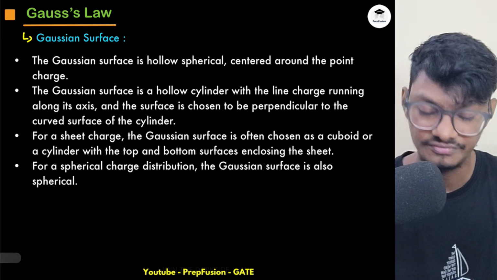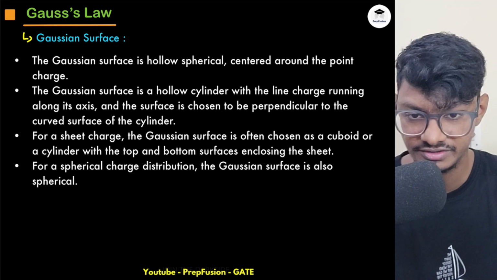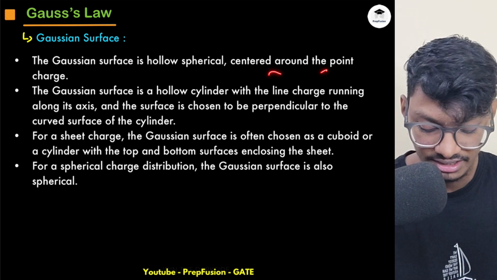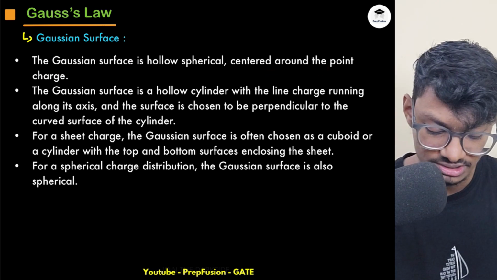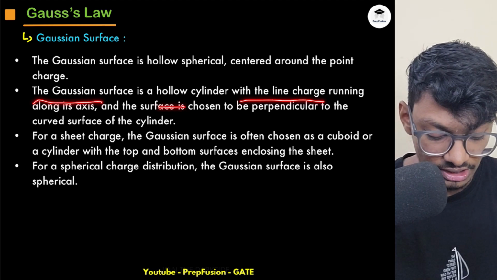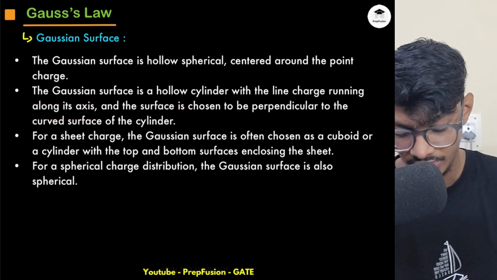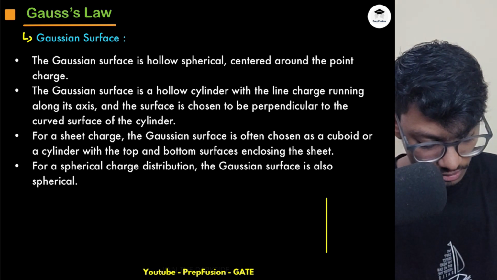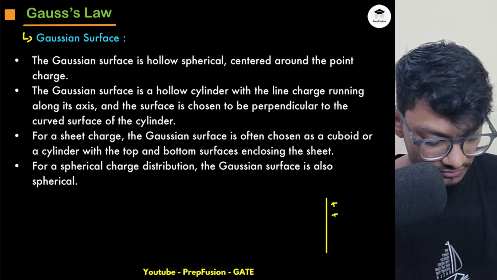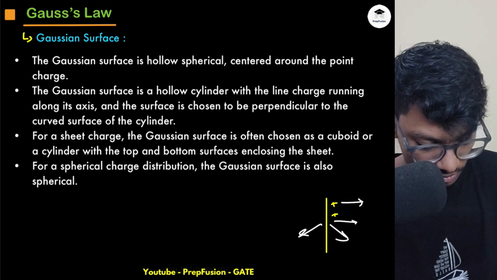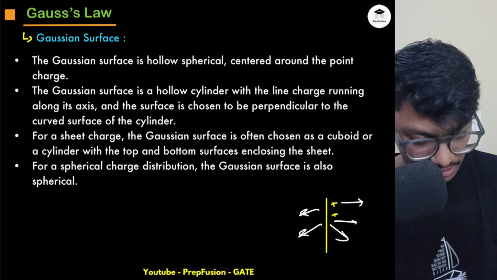So that's about it. And now I will talk about what type of Gaussian surface we choose. For a point charge, the Gaussian surface is a hollow spherical surface centered around the point charge. For a line charge, the Gaussian surface is a hollow cylinder with the line charge running along its axis. If I have a line charge like this, the electric field lines will be radially outwards.